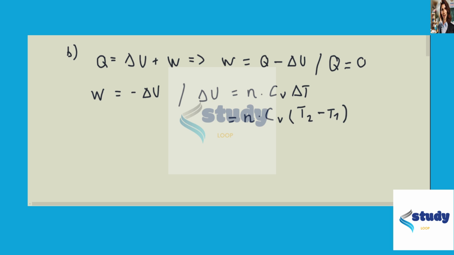Since we know all of these right-hand side parts of the equation, we can immediately solve for delta U. And again, I repeat, this is an approximation, but a very good one. W will then equal minus N CV, T2 minus T1.